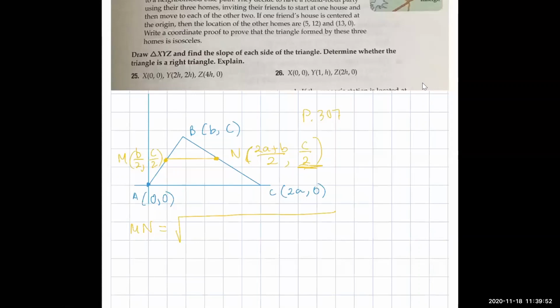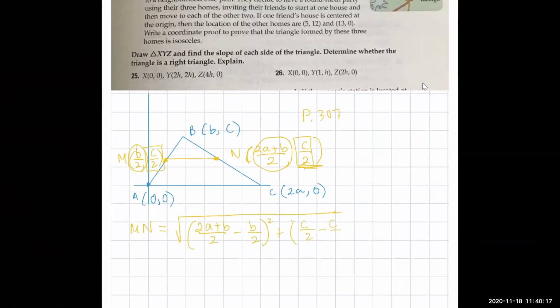So for this one, we're going to take the change in x. So that means I'm going to circle the x's. We're going to take 2a plus b over 2 and subtract out b over 2. I mean, it looks messy, but it's actually going to work out really nicely. And then we do the change in y, which I'm going to put a box around. The change in y is as expected. It's a flat line.